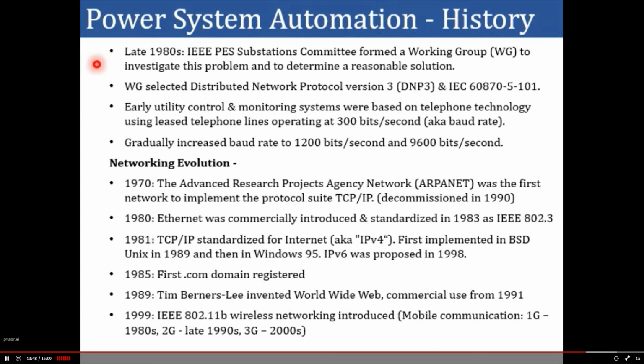But the problem we had related to better monitoring and control was associated with the maturity of communication and information technology, because at that time these two technologies were at a very nascent stage. So power system automation, communication and information technologies, all three developed in silos, and the integration of these three technologies could not happen effectively in the late 90s as well as in the early 2000s.